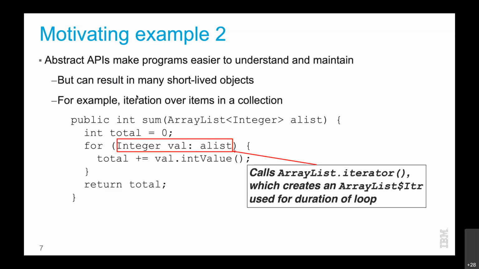But the interesting thing is that here under the covers, Java-C, although it could be an explicit call as well, is calling the iterator method on the array list, and that ends up creating an array list $iter object, which is just used for the duration of the loop, simply to go through the contents of the array list and return each value to the program. So again, another very short-lived object.